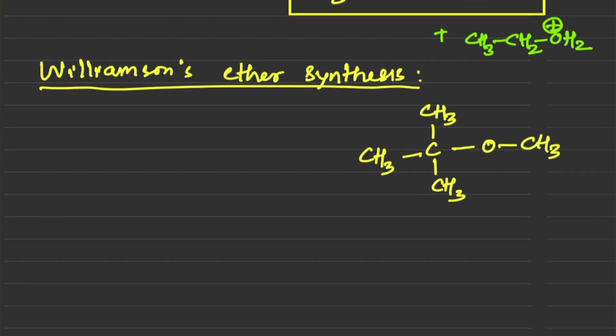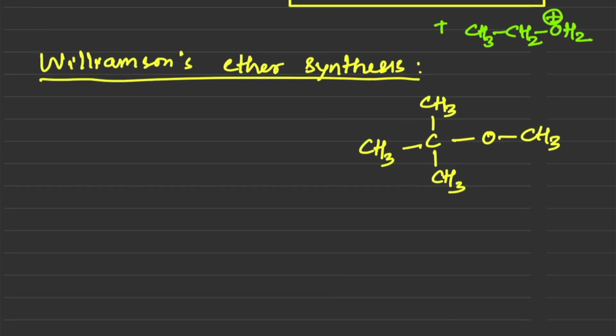This is tertiary butyl methyl ether, or people call it MTBE. How would you prepare this one? Because on either side you got different groups, right?